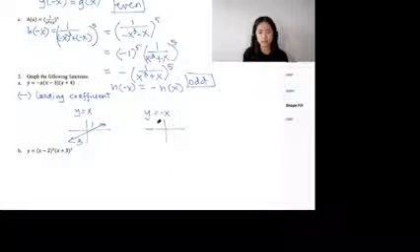Versus y is equal to negative x, which is quadrant 2 and quadrant 4. Does that make sense? So the positive or negative leading coefficient would determine whether your function is passing quadrant 1 and 3, if it's y is equal to x, versus quadrant 2 and 4 when it's a negative leading coefficient.